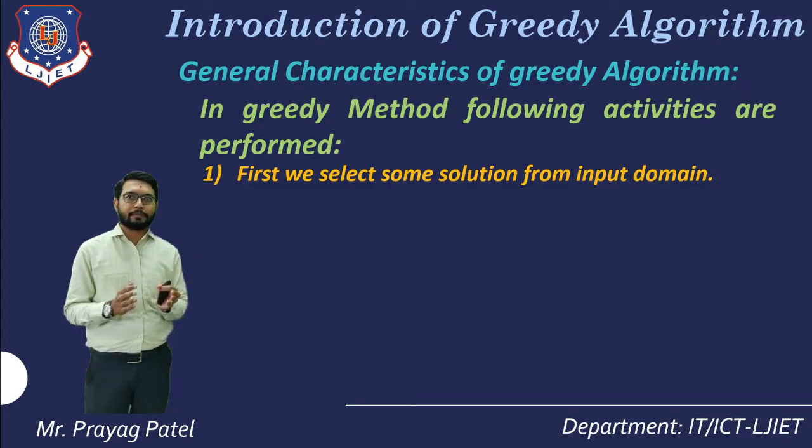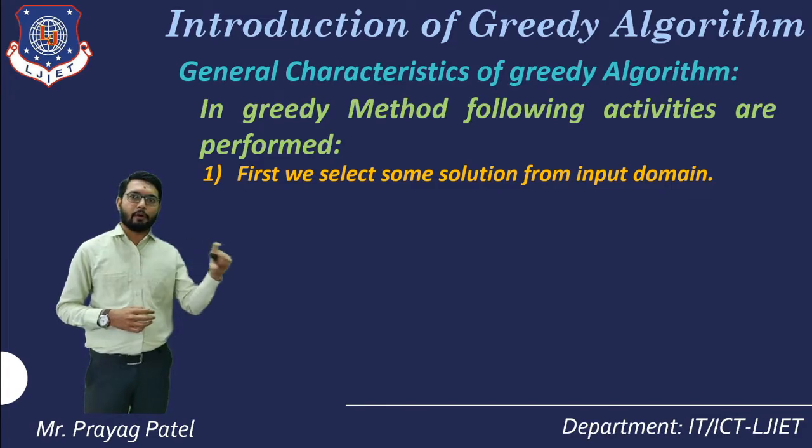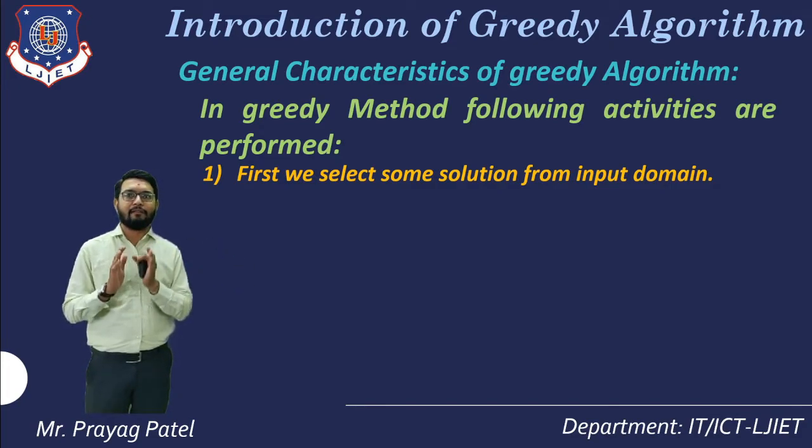Out of all these options, select any one option. First you select any one coin, which may be 1, 2, 5, or 10. So out of all the possibilities, select one coin of one amount.